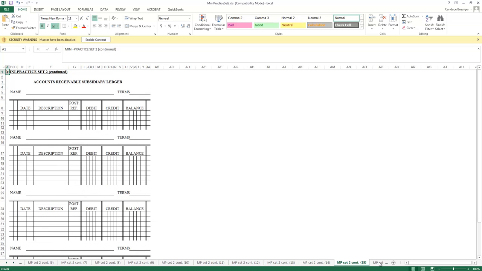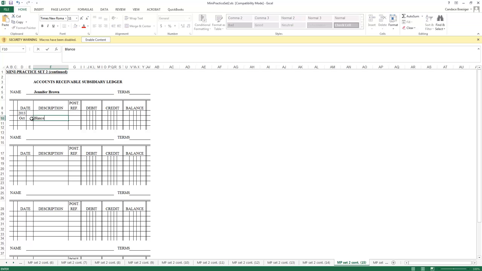So I'm going to find my accounts receivable subsidiary ledgers, and the balances are located on page 485. So for instance, Jennifer Brown, and the date is 2013, October 1st.